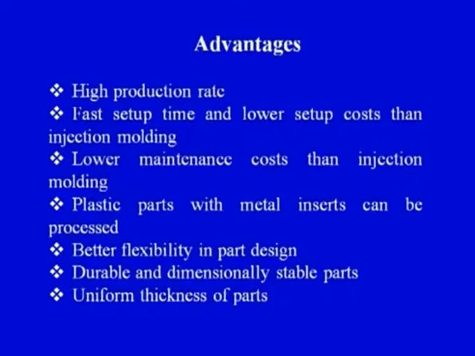We would be seeing what the advantages of this process are, because we have seen that it is fairly similar to casting, where we just melted the plastic material and poured it into the mold, and the plastic material took the shape of the mold. So what can be the differences or what are the advantages of the transfer molding process, that we would now be focusing on. Now what are the advantages?